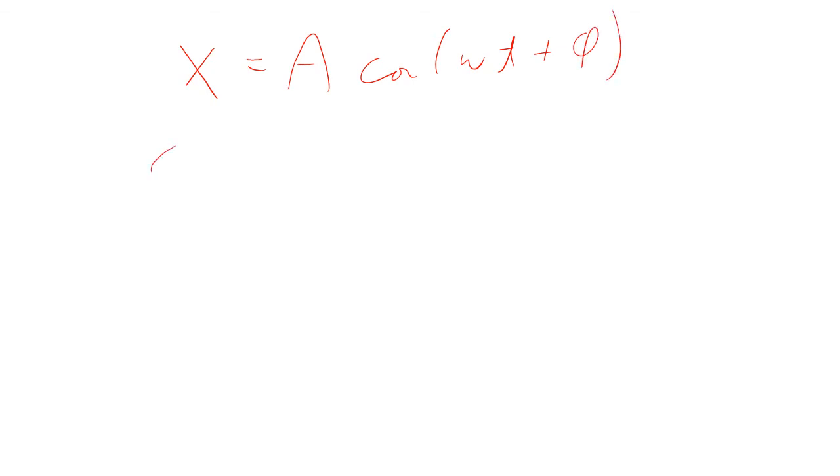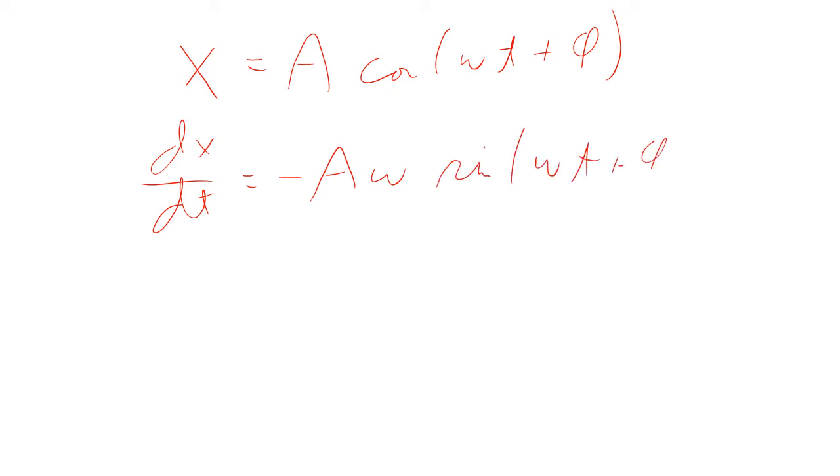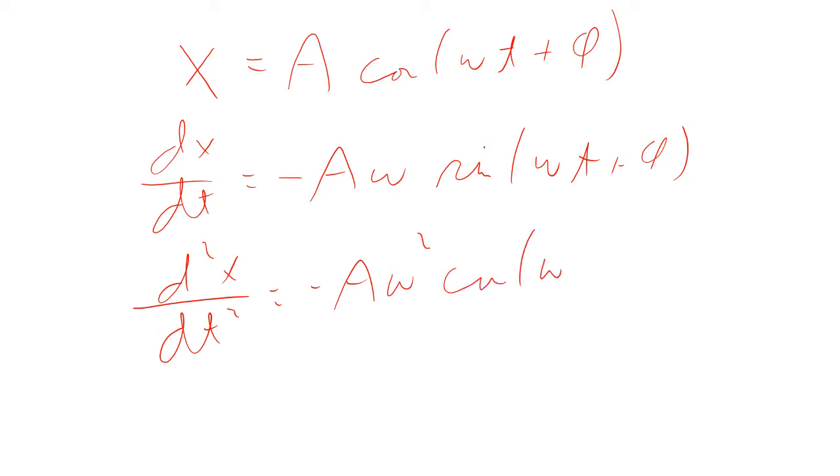So the derivative dx/dt equals minus A omega sine(omega t plus phi), and the second derivative is minus A omega squared cosine(omega t plus phi). But if this is x, then this is minus omega squared x.